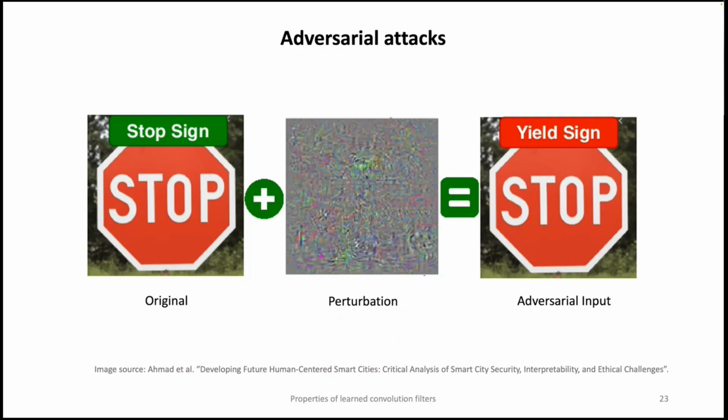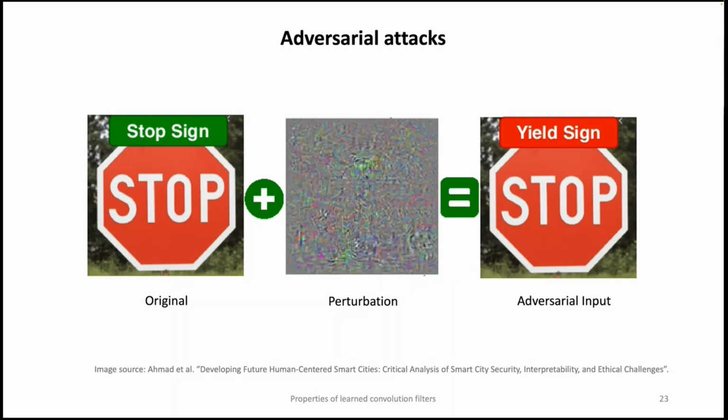But there exists a noise that you can apply on top of that stop sign that will force the model to detect that this is a yield sign, and it will detect it with a very high confidence instead of a stop sign, even though this perturbation is barely visible to us humans.